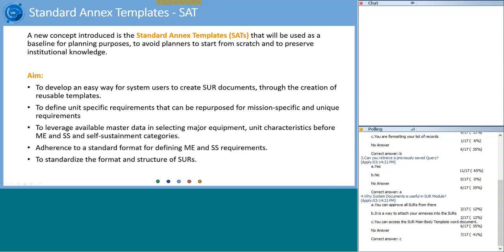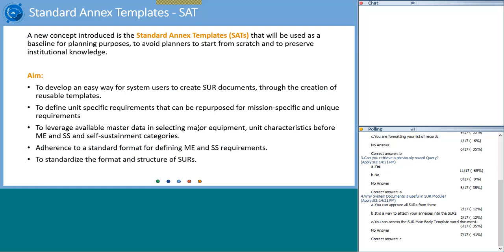So the SAT is the standard Annex template, as I said, and it's a new concept that has been introduced in the system. This is actually very useful because it's a baseline for the planners, and it will also help the planners avoid starting from scratch and preserve institutional knowledge.